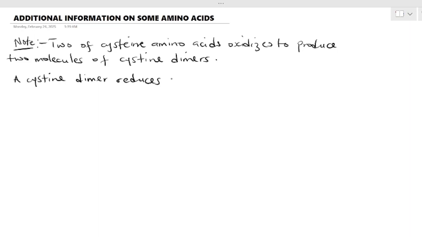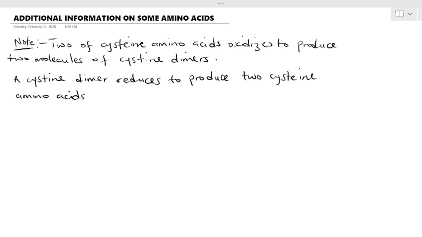So it reduces to produce two cysteine amino acids. Okay, that's pretty much it.